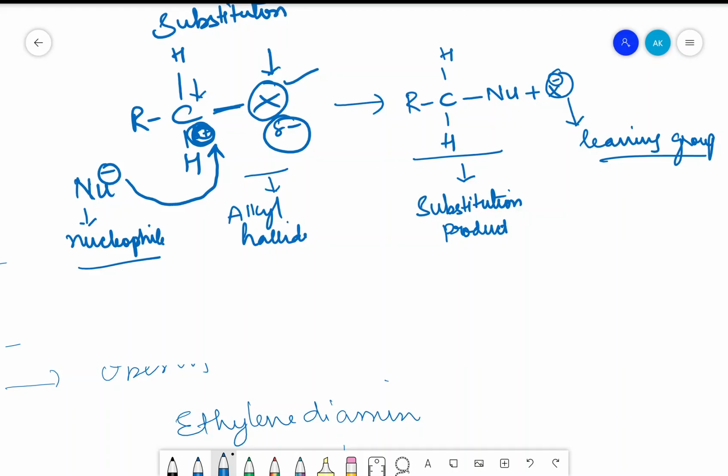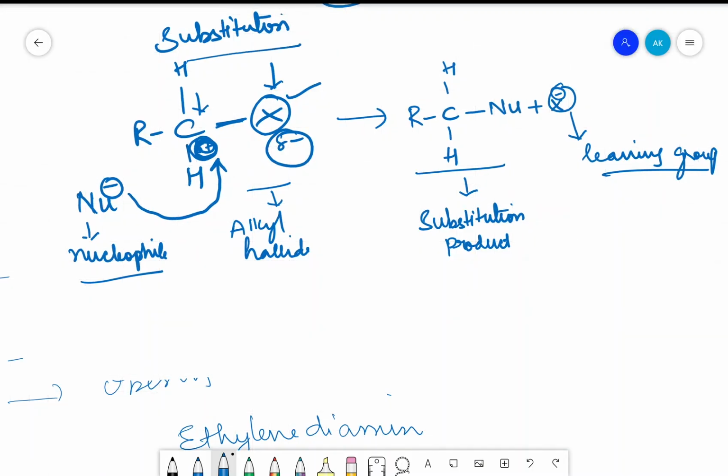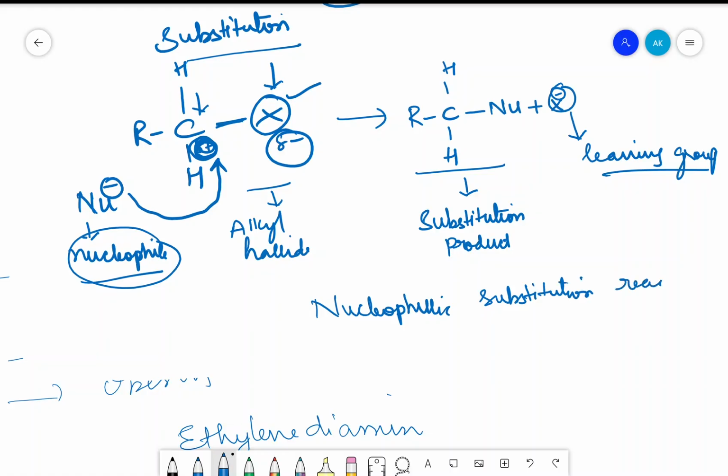So this is why this reaction is called substitution. The incoming species is nucleophile, so it is called nucleophilic substitution reaction.